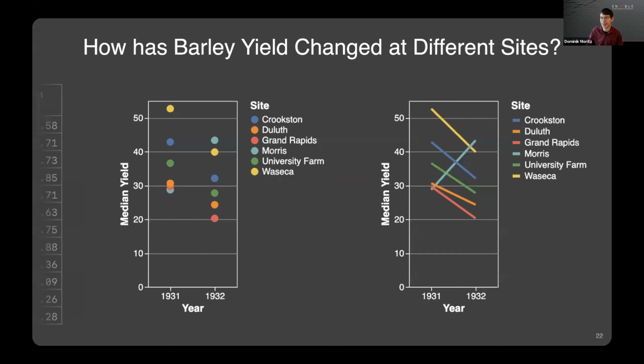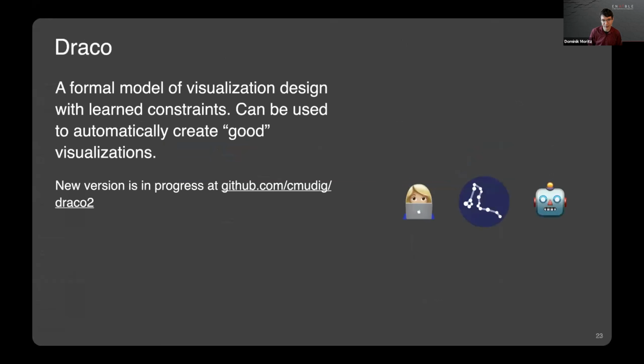And so that's what I mean by designing for perception. The idea with the Draco tool is that it encodes what we know from perception, cognitive psychology, and so on about how to design such that you can recognize patterns quicker. And also that what the visualization shows maps to what the data shows. And that's very important to do. So those two things.